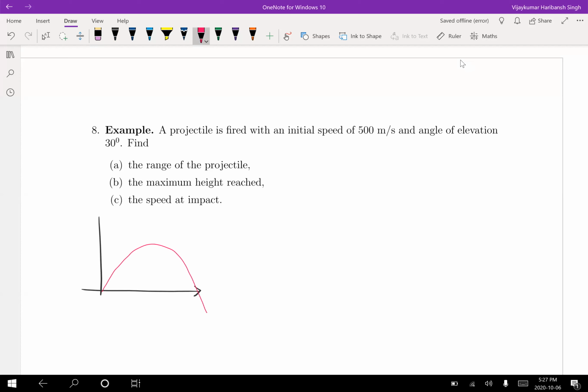The initial angle here is 30 degrees, and the velocity v0, which is here, the speed of this velocity is 500. We don't know the vector quantity of it, but it's 500 meters per second.